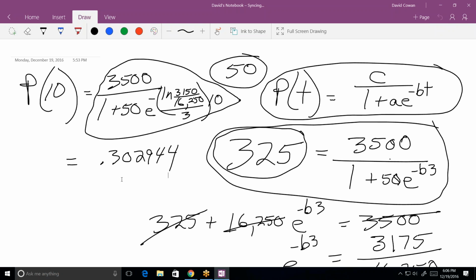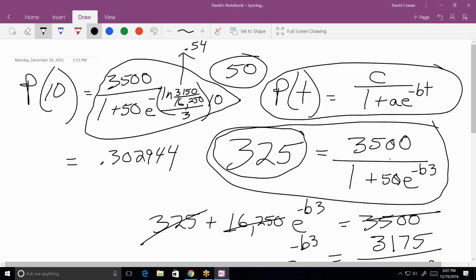What do you get when you take the natural log of 3150 divided by 16,250 and divide it by 3? What does everything inside my parentheses become? 0.546897.